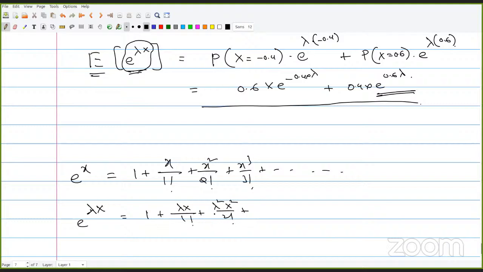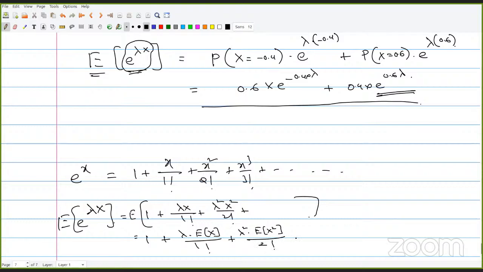See, this is the expectation of e to the power lambda x, and this will be 1 plus lambda into the expected value of x by 1 factorial, plus lambda square into the expected value of x square divided by 2 factorial, plus and so on.